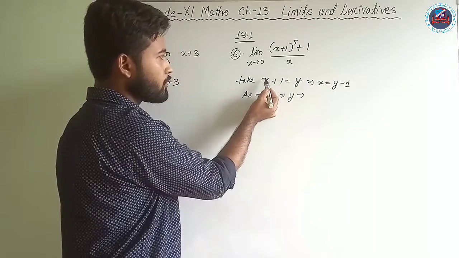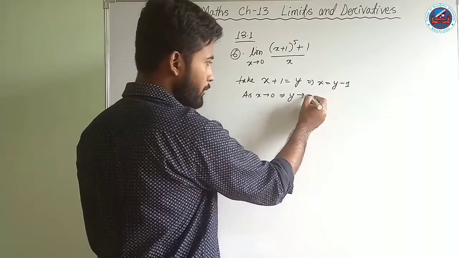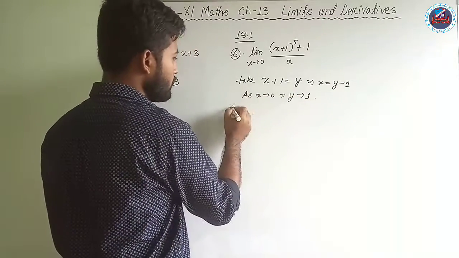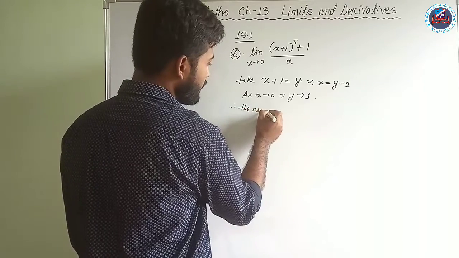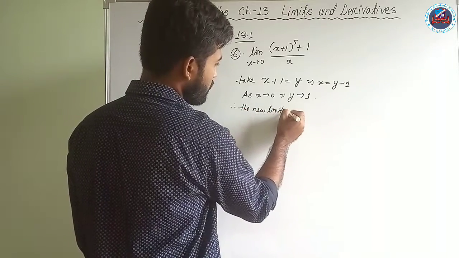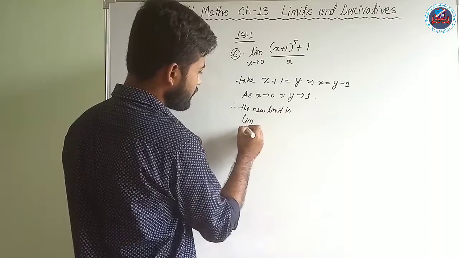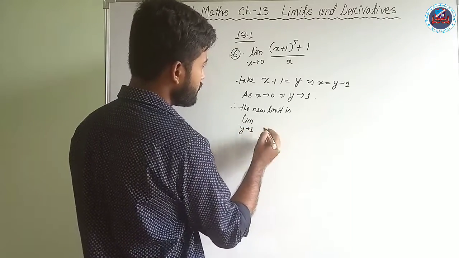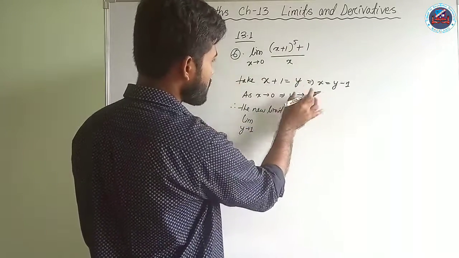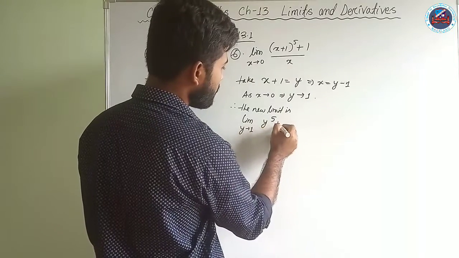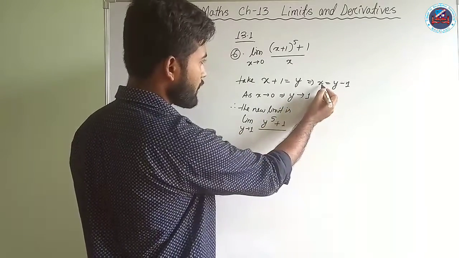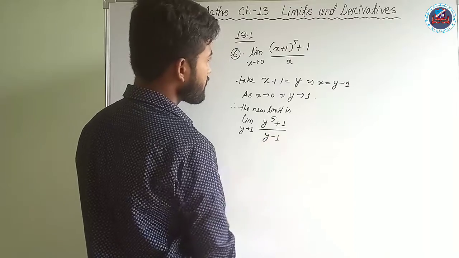If x is 0, then y will be 1, so y will tend to 1, and therefore the new limit is limit y tends to 1. In place of x plus 1, now we have y to the power 5 minus 1, divided by, in place of x, what we have? y minus 1.